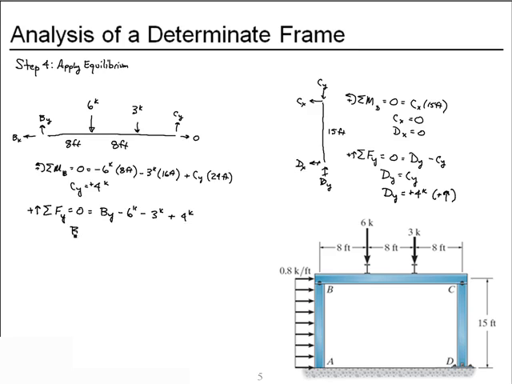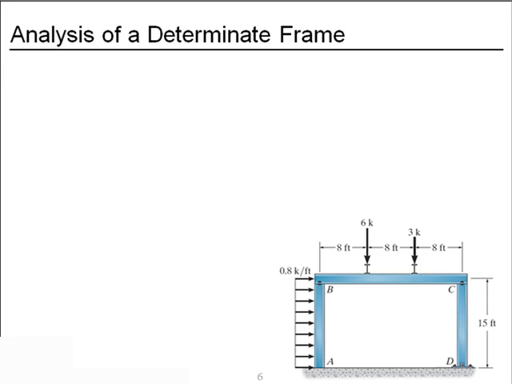Put those together, By is a positive 5 kips, so it is in the direction we drew it. Now let's sum forces in the x direction. This time I'm going to go left as positive. It's my choice, and I think this will make it simpler. Has to equal 0. And all we have is Bx, so Bx is 0. Now we move to member AB.